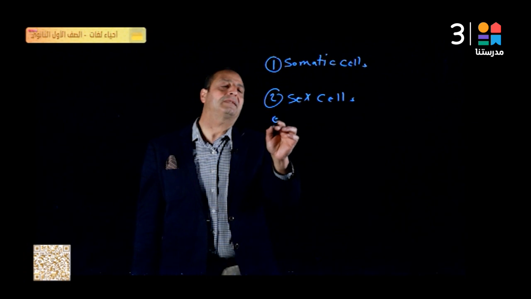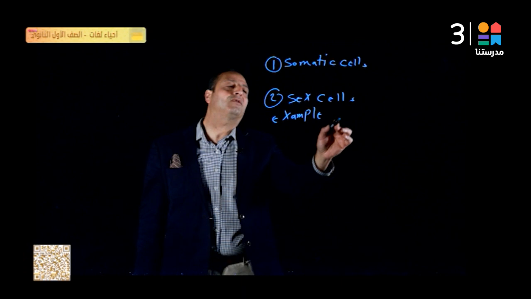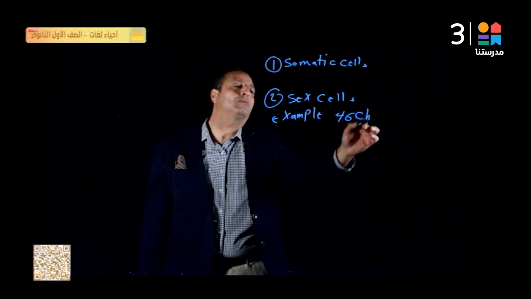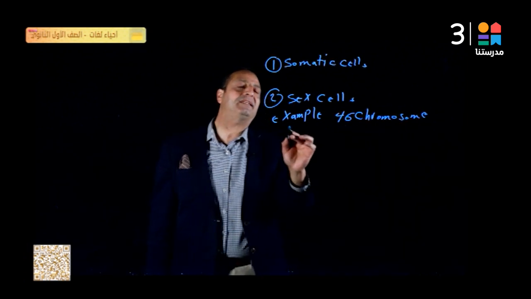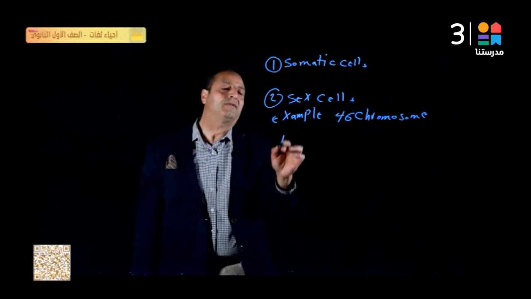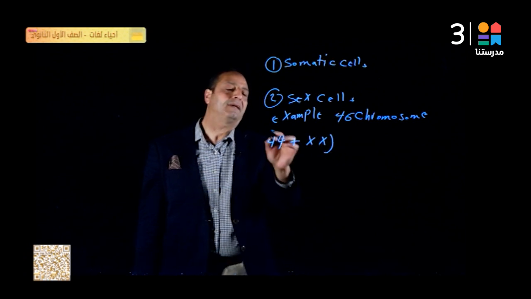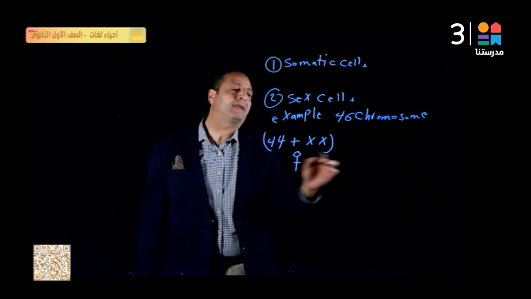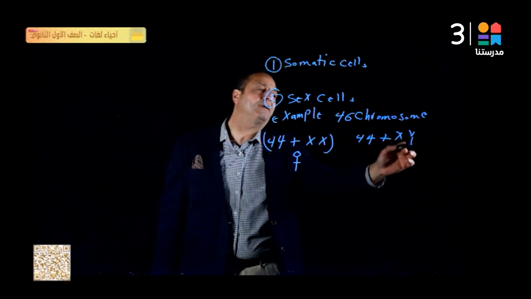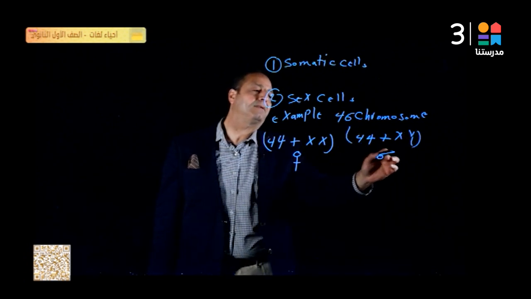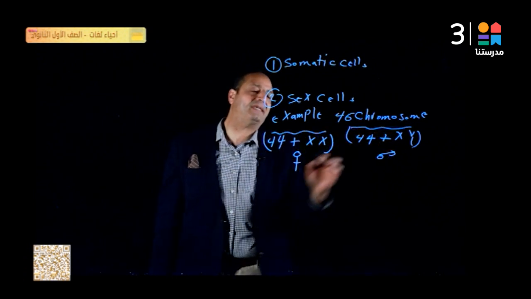For example, in a human being, 46 chromosomes are divided as follows: 44 plus XX for female, 44 plus XY for male. Okay, this is called somatic cells.